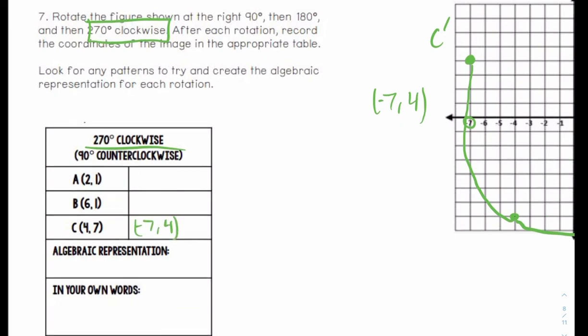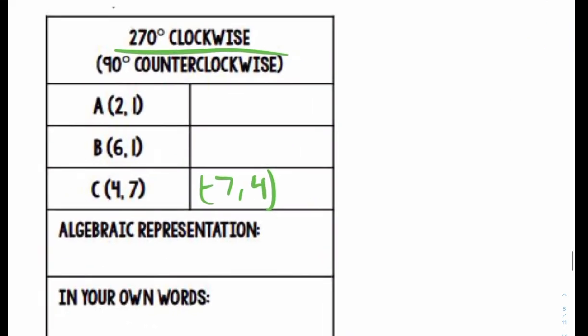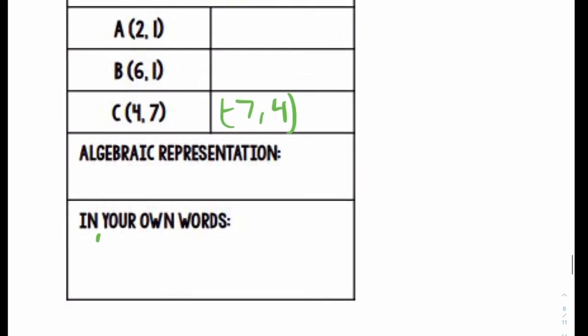If we look at how that changed, we switched the numbers, and then you made the new x negative. We changed the sign. Switch x and y. Change the sign of the new x.